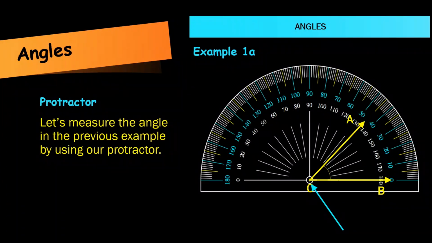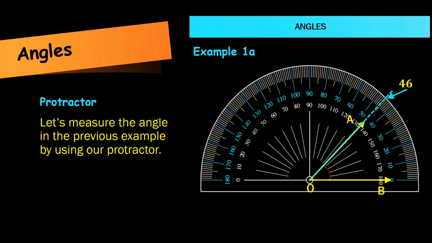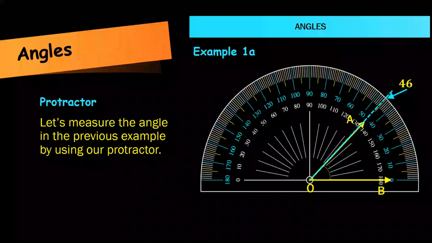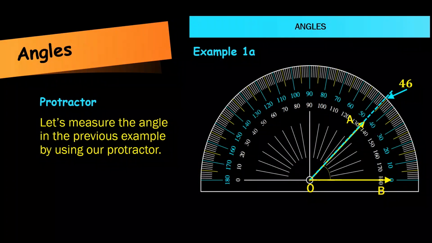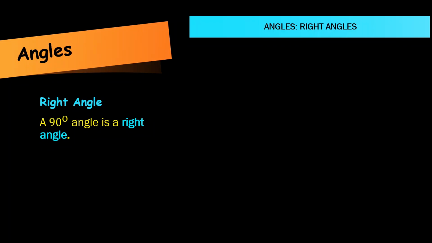Now look at the mark towards which the other ray of the angle is pointing. This value is the size of the angle. In our example, the angle is approximately 46 degrees.